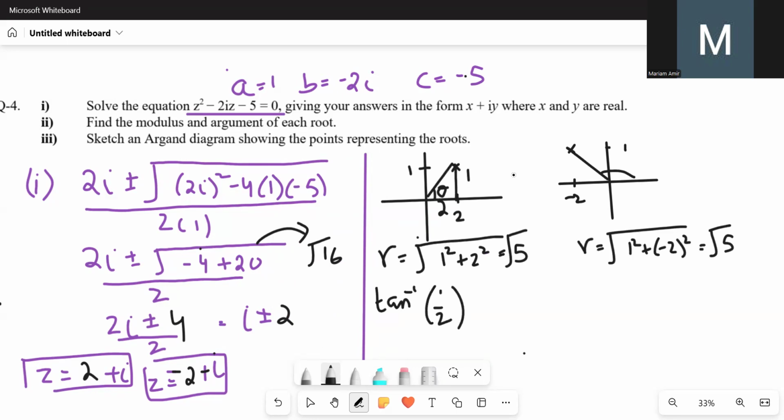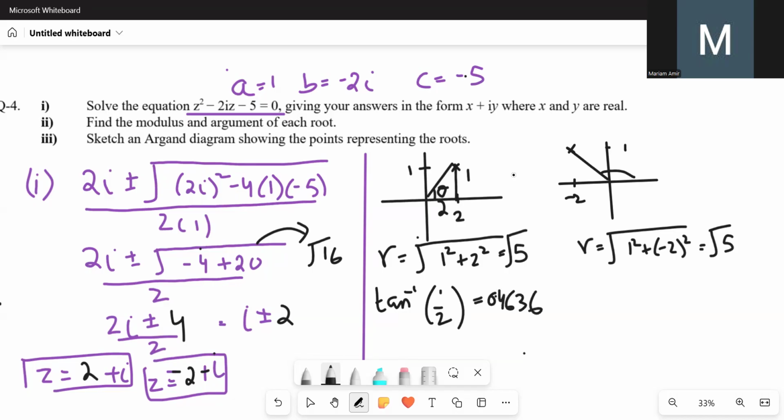in radians, shift tan 0.5, which gives, hold on, my calculator is not in radians. So it gives 0.4636.